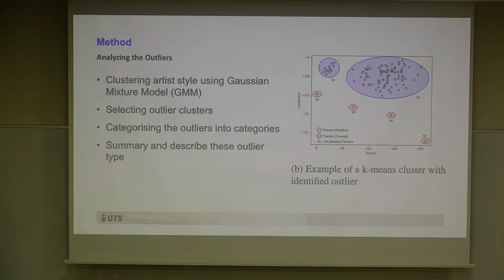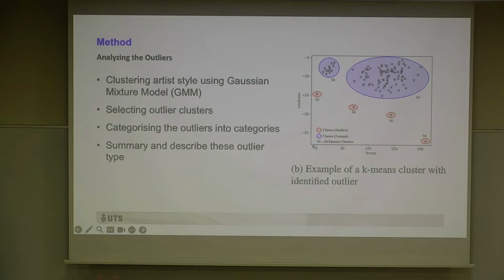For analysis of outliers, firstly we cluster the artist's style using Gaussian mixture models, and then we select the outlier clusters, categorize them, and finally summarize and describe these outlier types.